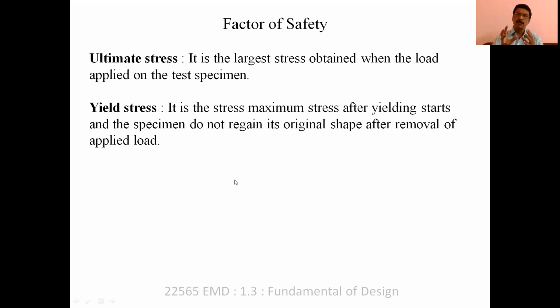There may be chances that your material has some kind of cavities, some kind of defects, or some kind of material changes, or different types of lacunas. That's why it may or may not reach up to ultimate or yield stress. So you cannot rely directly on this. You cannot say that every material has this much capacity.